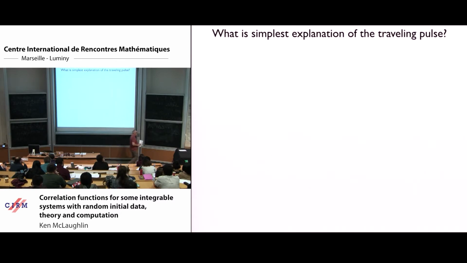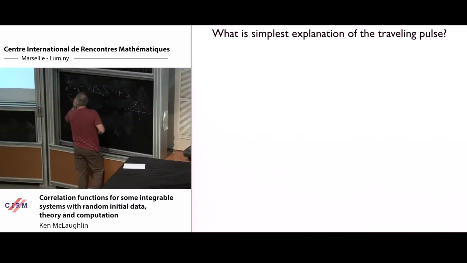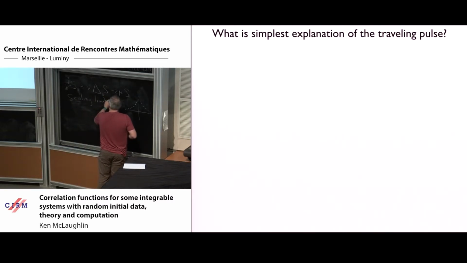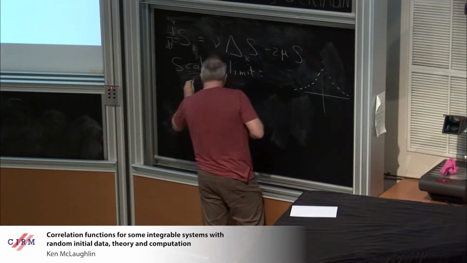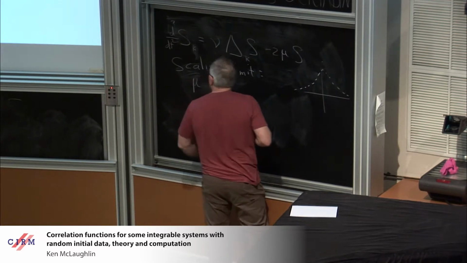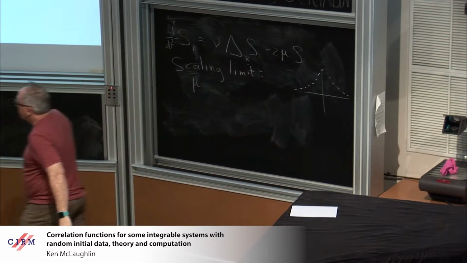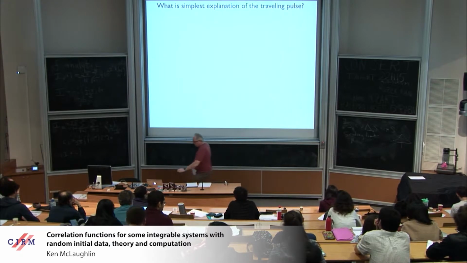So I want to consider another scaling limit. So the parameter mu, which, if you remember, was part of the Hamiltonian.